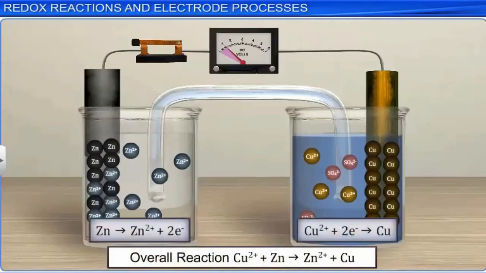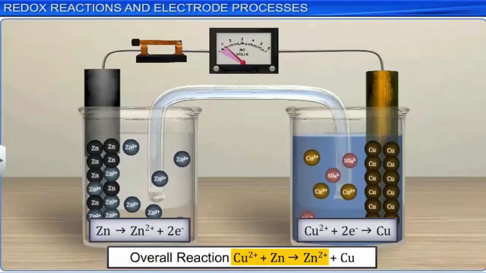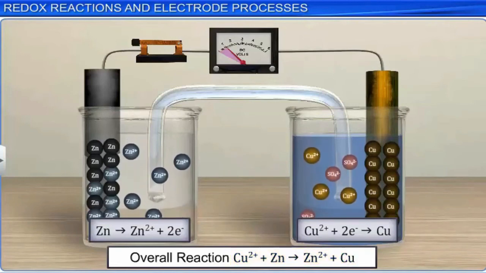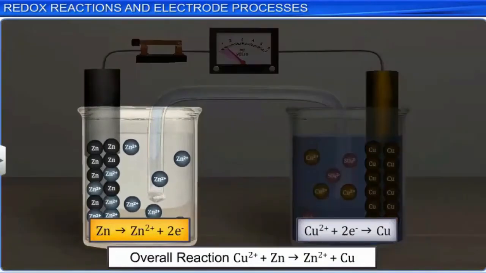The overall equation for the reaction is: copper 2+ ions react with zinc metal to form zinc 2+ ions and copper. Note that Zn loses electrons and undergoes oxidation, and hence the beaker in which the zinc rod is immersed in zinc sulfate solution is called the oxidation half cell.